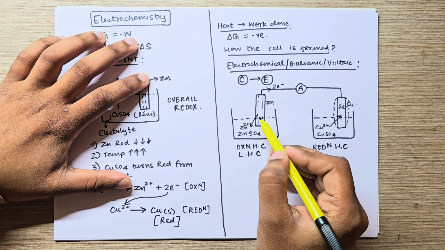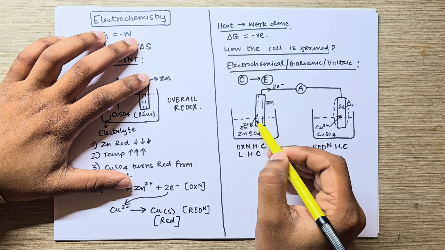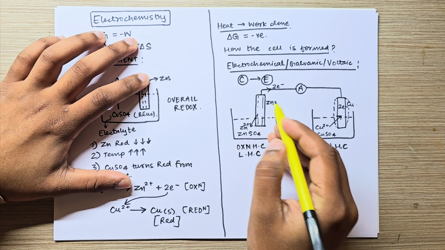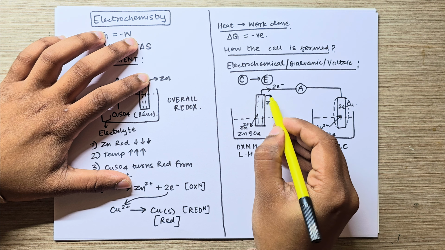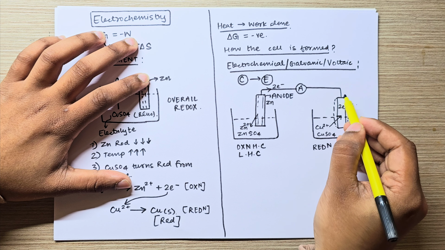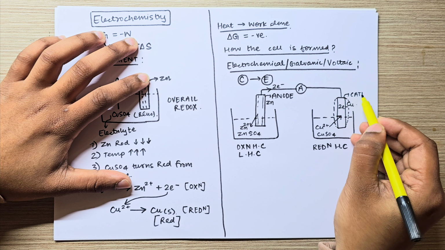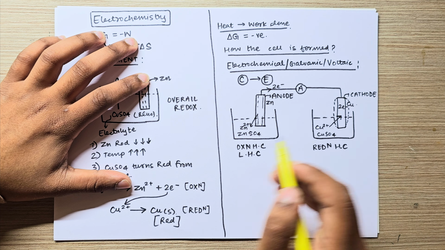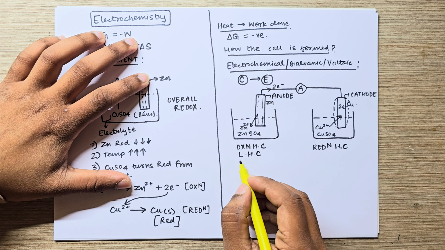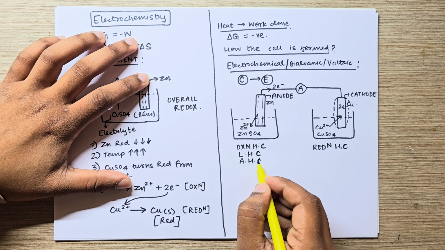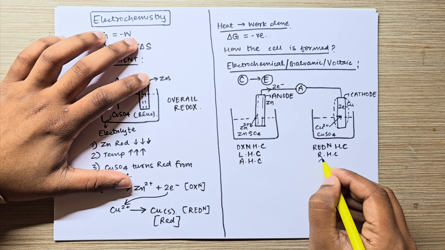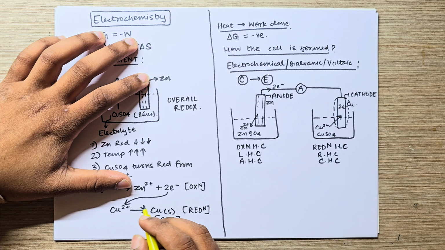We call this electrode the anode and this the cathode. So this is also known as the anode half cell, and this is also known as the right half cell or cathode half cell.